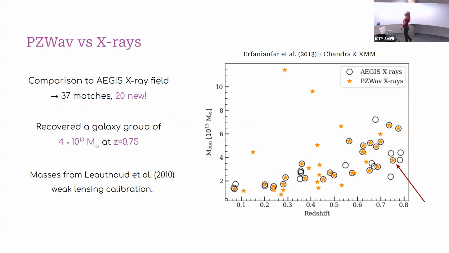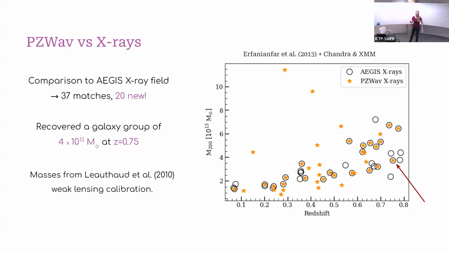What we did was reanalyze both Chandra and XMM X-ray data to try to find new matches between our catalog and these X-ray emissions. The one who did that was Alexis Finoguenov, who also worked with AEGIS, so he already knew everything he needed to do. So we just have these nice results.